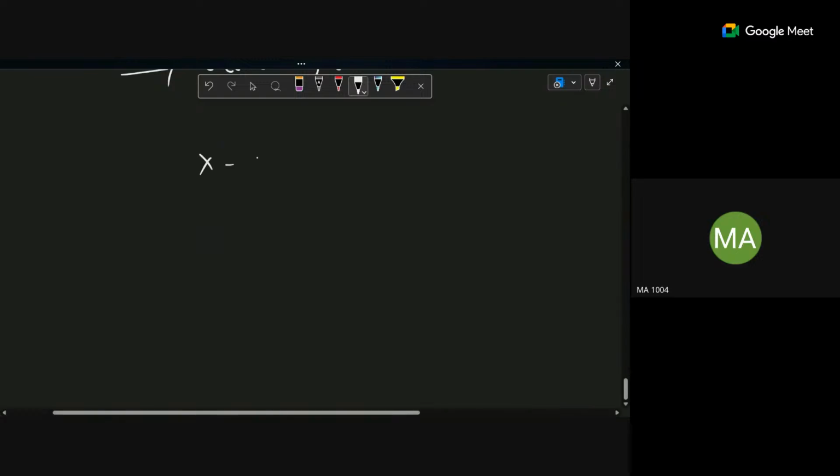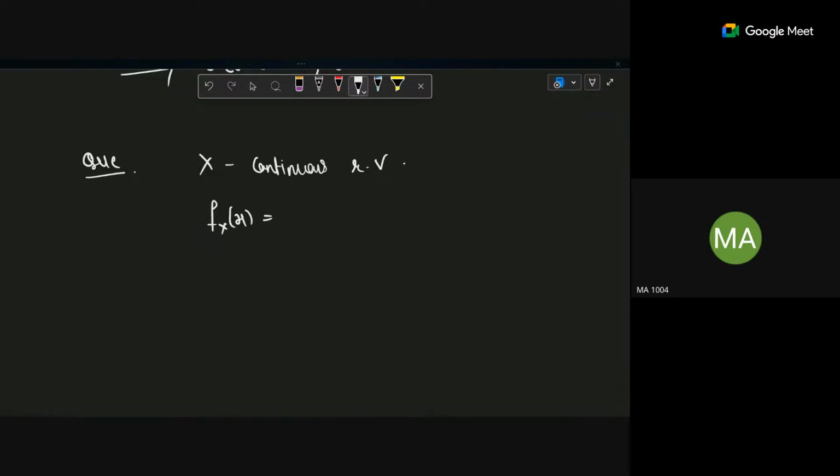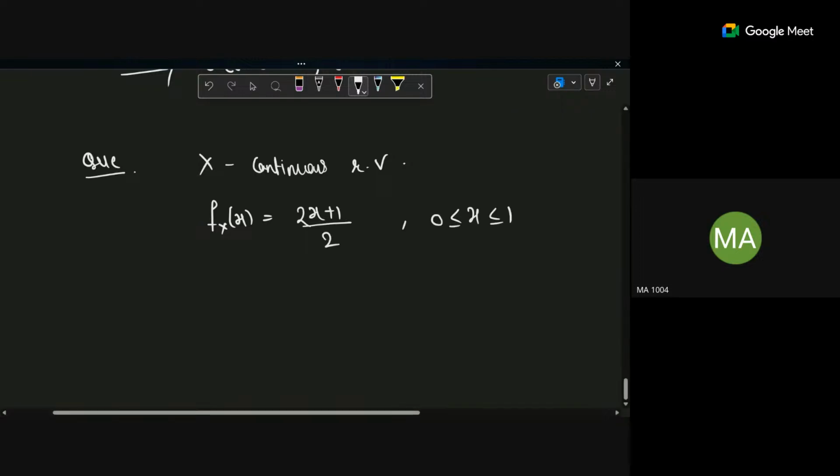X is a continuous random variable where the PDF of x is given as (3x plus 1) divided by 3, whenever x is ranging between 0 to 1, and 0 otherwise.